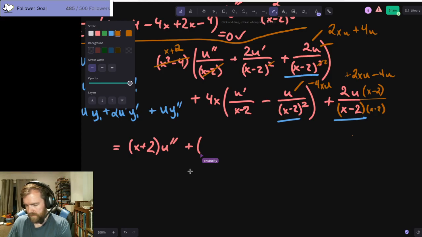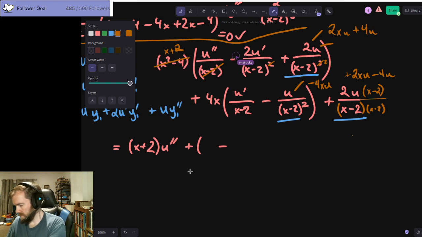I bet that's not what's going to happen, but let me figure that out in a second. Plus 2. Well, no, I'm not happy with the plus 2 either. Okay. I think that plus sign should be a minus sign, because that's a y prime, which has a minus sign, and it was positive in the equation, so I like that better.